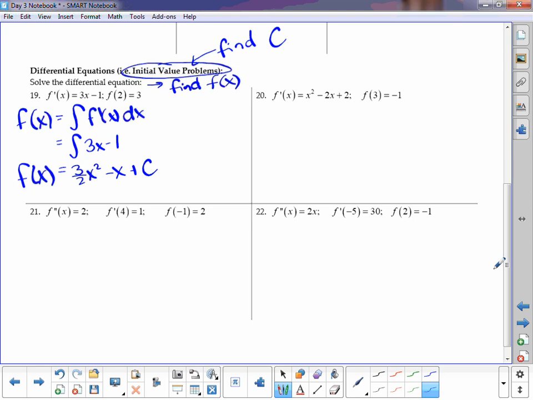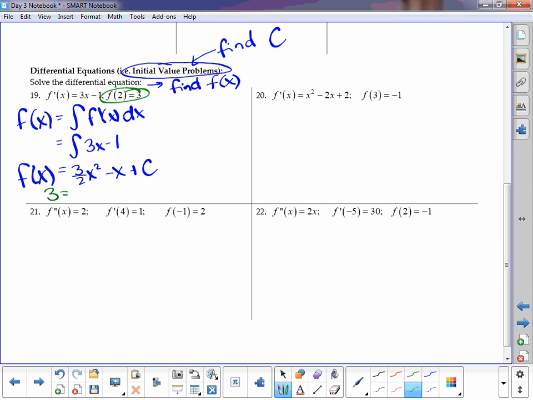But lo and behold, they gave us a point that our function passes through. Wait, so for that one, is it f of x or f prime of x? This is f of x. I'm integrating f prime of x, which gives me my original. Okay, so they told me, hey, this function passes through the point 2, 3. So my y value is 3.